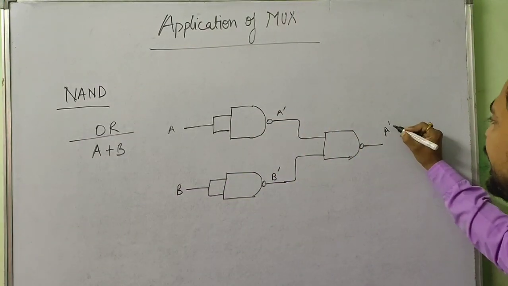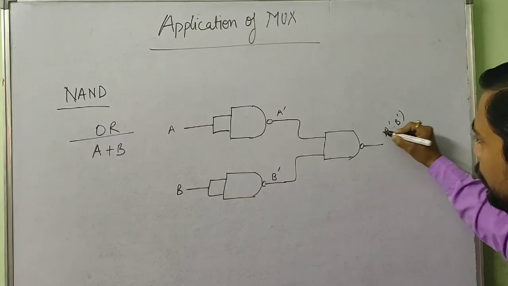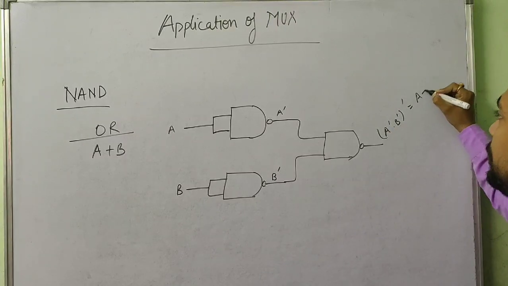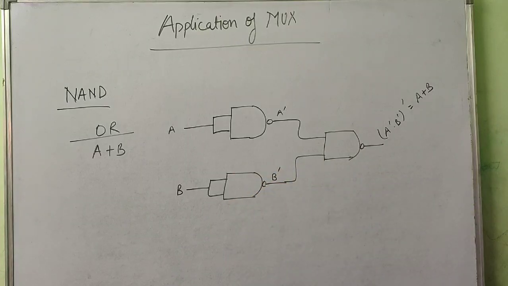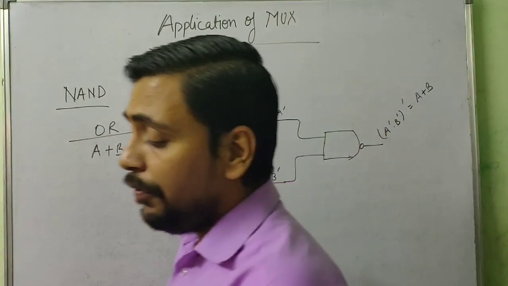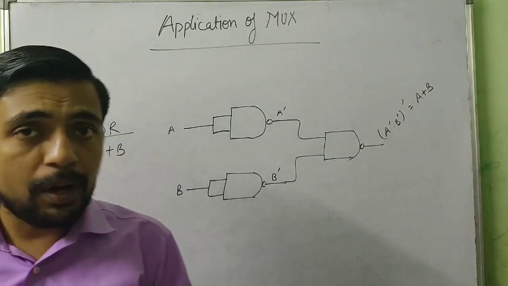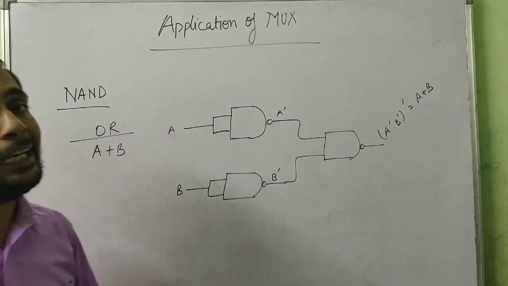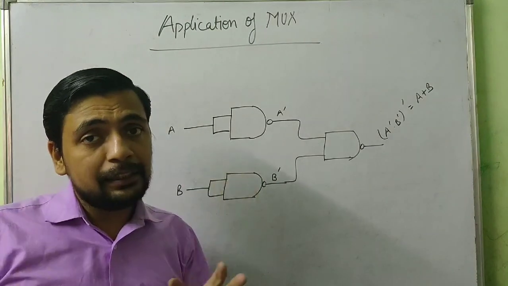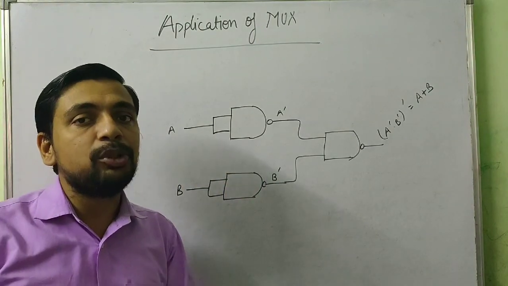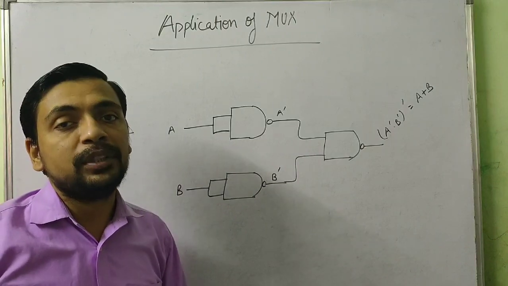So here it will come A complement and B complement whole complement, which turns out to be A plus B. So this is how you can create an OR gate using a NAND gate. Up till now we have seen how we can make elementary gates using a NAND gate, and now this idea must be clear to you why NAND gate is a universal gate.